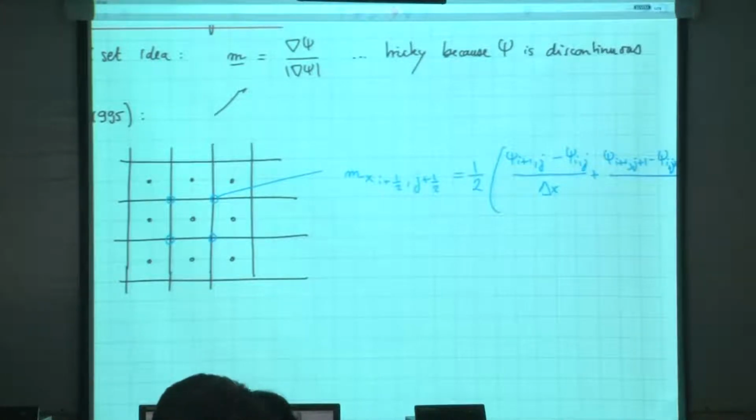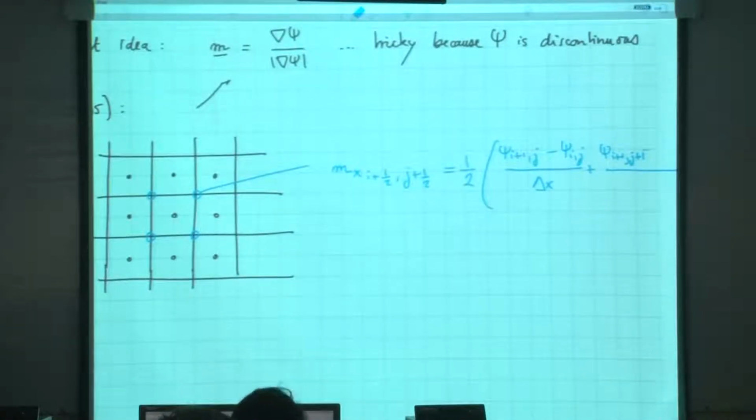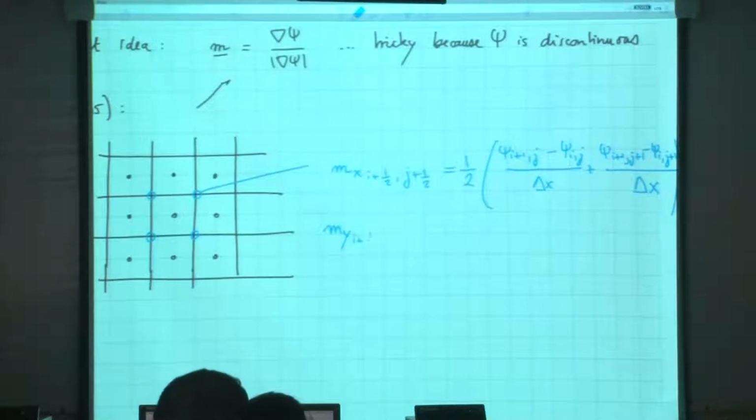I don't know how readable this is. There we go. And for completeness, we can do the same thing for J.